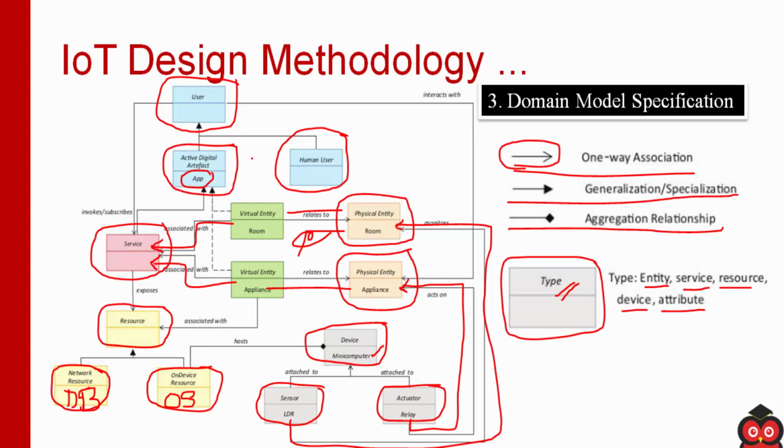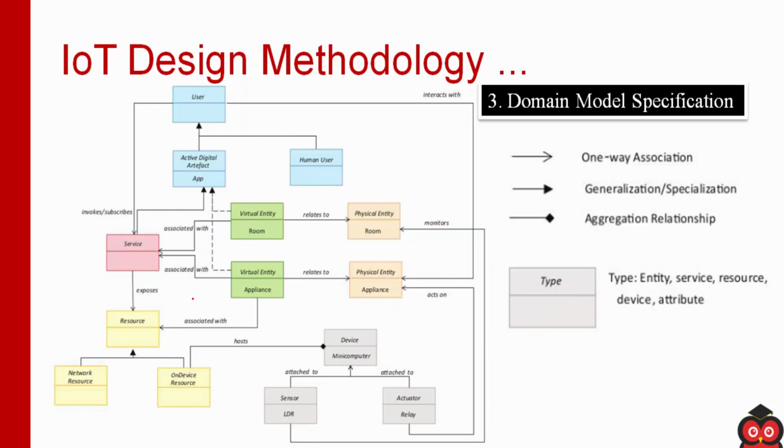Okay, so let me explain what these relationships, the arrows, are. Let's say simply this arrow: sensor is associated with device. So it's a simple relationship, that is something is associated with something else.